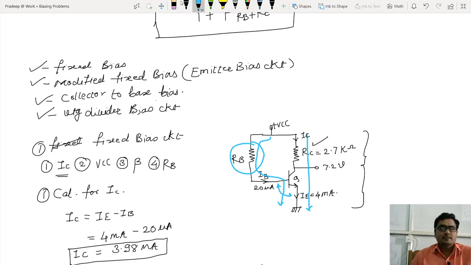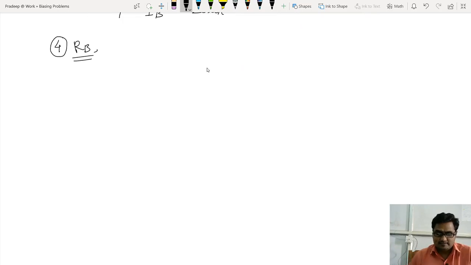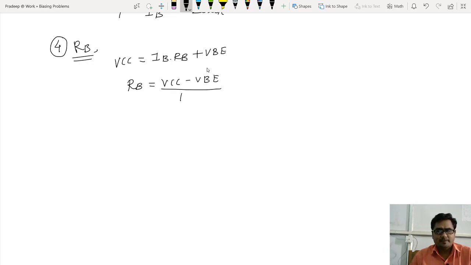Is it not? So let me write the equation as it is. Scroll down and finally write down VCC is equal to IB multiplied by RB plus VBE. As I am interested in RB, I'll write VCC minus VBE divided by IB.